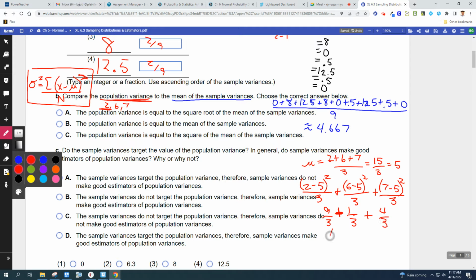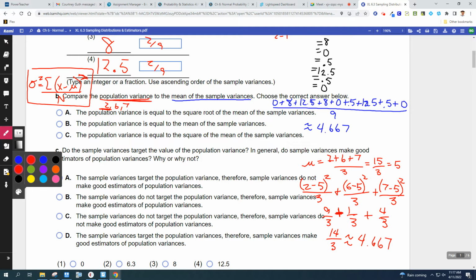That's 14/3. 14/3 is approximately 4.667. And so you're supposed to notice that our two values that we found are equal. The mean of the sample variances was 4.667. And then we found the population variance, and it was also 4.667. That's kind of your basic idea.